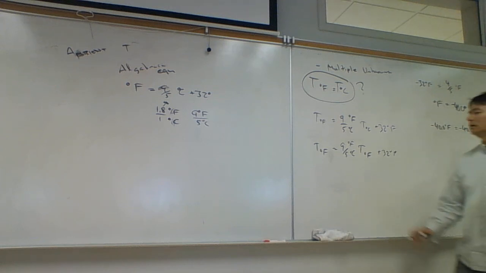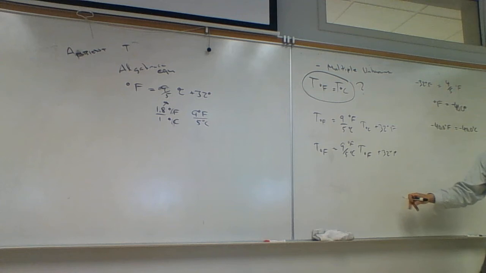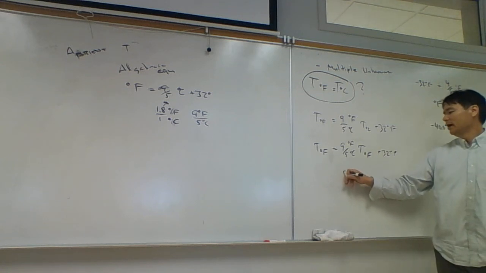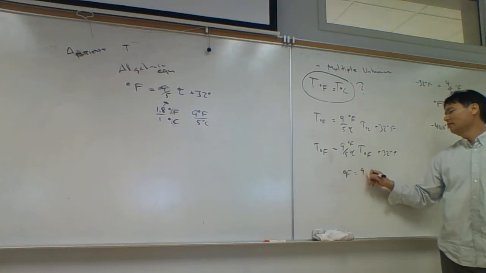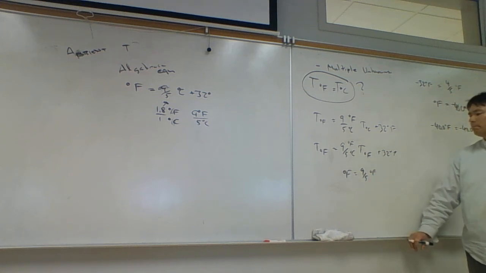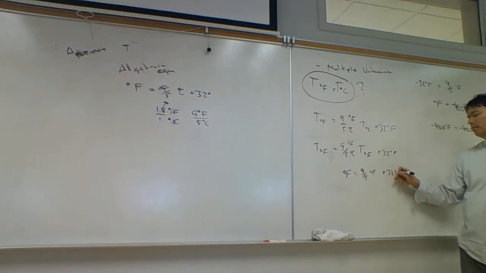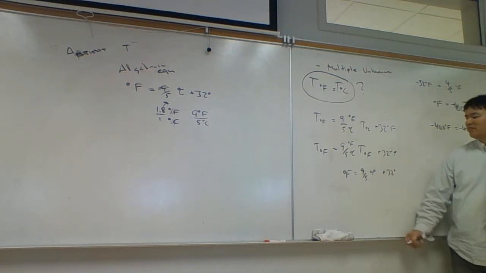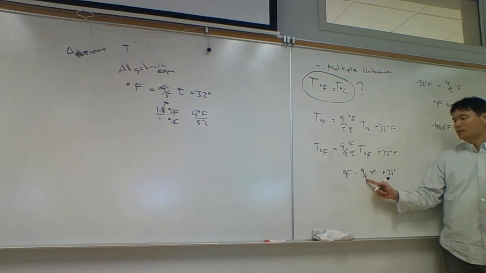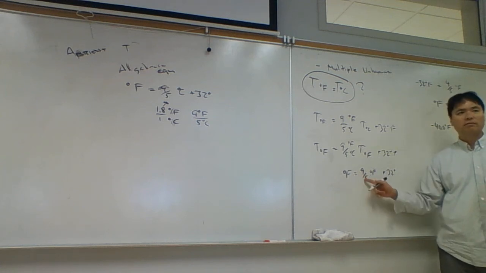What I did was here, I skipped some steps, and so I have degrees Fahrenheit is equal to 9/5 degrees Fahrenheit plus 32. And so I could have done this. I could have subtracted 9/5 degrees Fahrenheit from both sides. But instead, I subtracted 1 degree Fahrenheit from both sides.